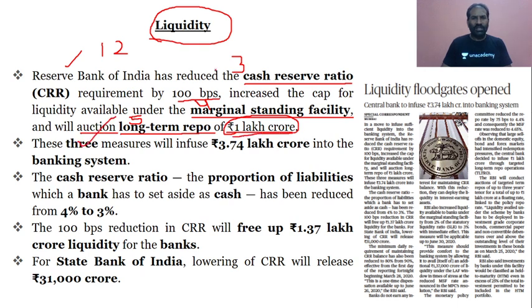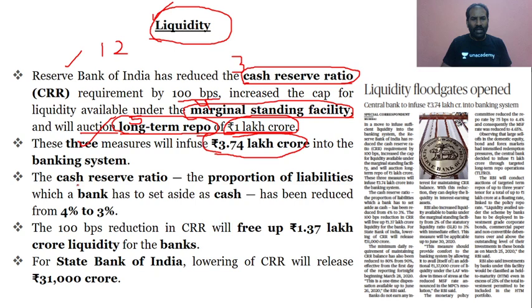So these three measures I have spoken about, especially the cash reserve ratio, the marginal standing facility, and the long term repo operation, together will infuse how much money into the banking sector? 3.74 lakh crore rupees into the banking sector, and this is a huge amount. That is what we are talking about, liquidity. So the liquidity pumped by the RBI through these measures would be 3.74 lakh crore rupees.